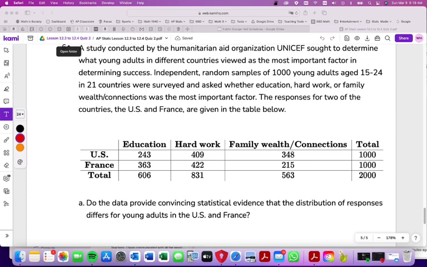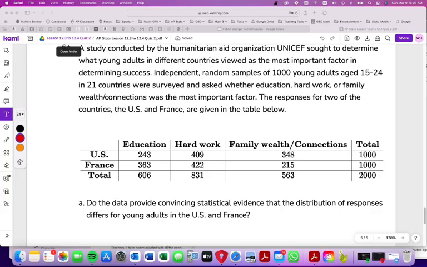Within each sample, the 1,000 people in the U.S. are asked what they think are the determining factors, be it education, hard work, or family wealth connections, and the same question is posed to the 1,000 people sample in France.